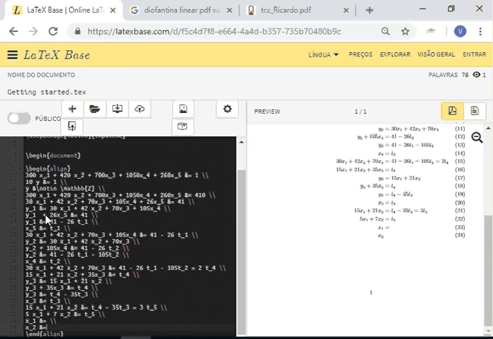Seven minus 5 equals 2. 15 minus 14 equals to 1. 3 times 5 minus 2 times 7 equals to 1. Multiply it by the 5.